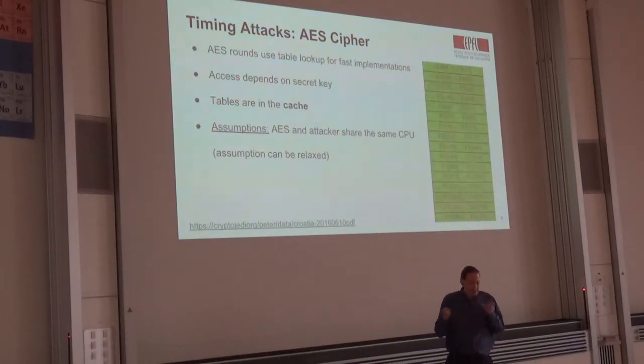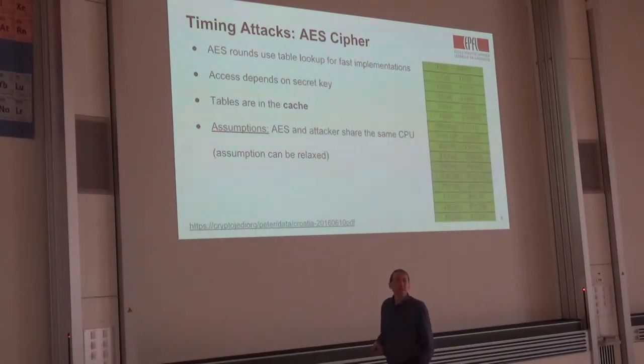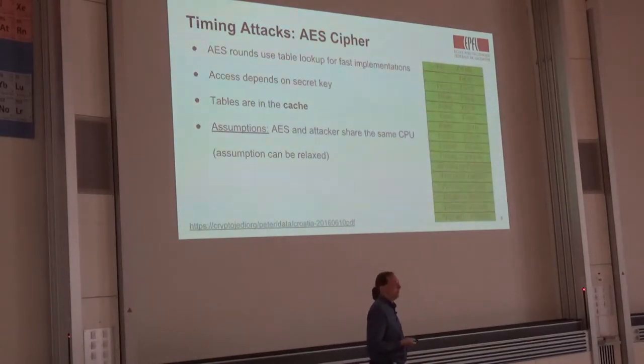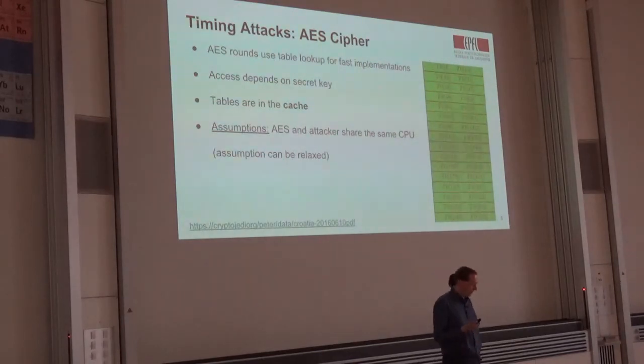It's possible to compute the outputs, but in practice it's easiest just to do a 256 entry table lookup, right? And so this is a very natural way to implement AES.